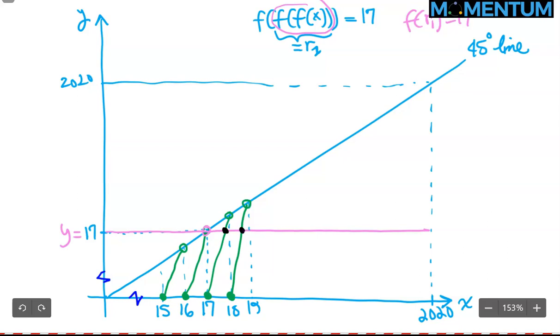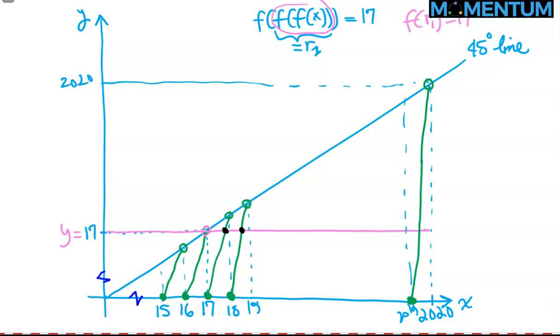So how many potential solutions do you have? This is 2019. Let's put that dotted line here again. And then we have our f of x function, which will look like this in the remaining interval between 2019 and 2020.